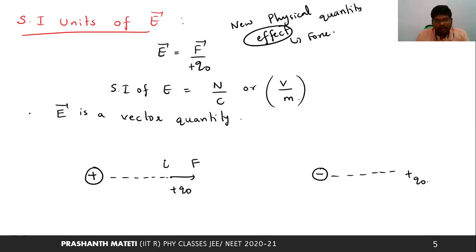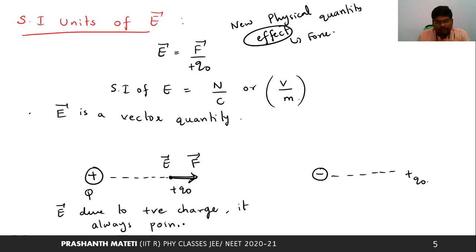So a positive charge produces an electric field at any point, and the direction of the arrow always points away from the charge.